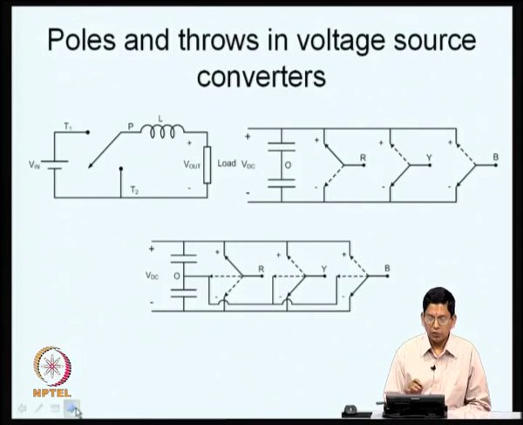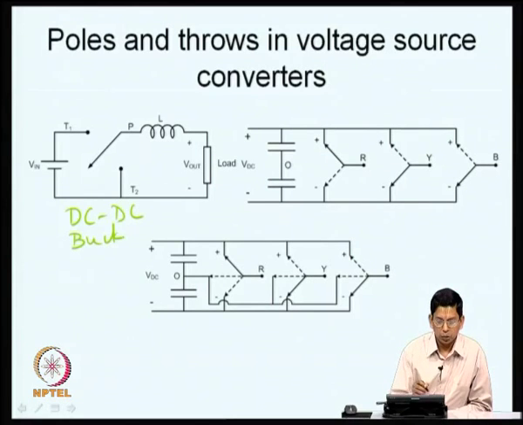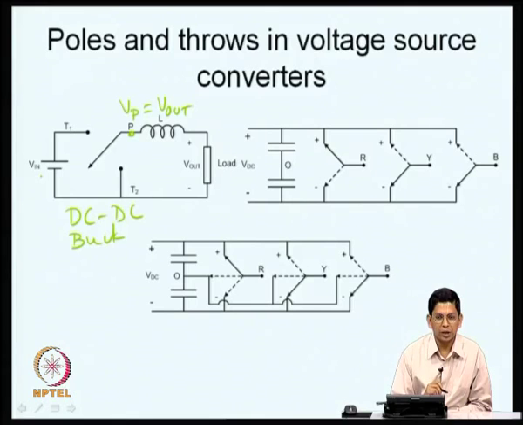What we are going to be primarily concerned with is a DC to DC converter. What you have is a DC to DC buck converter. In this you have a single pole double throw switch, and there is a certain potential at the pole. What is that potential at the pole? That potential at the pole is essentially the output voltage. And how is it related to the input voltage? It is related to the input voltage as a certain duty ratio times V in.